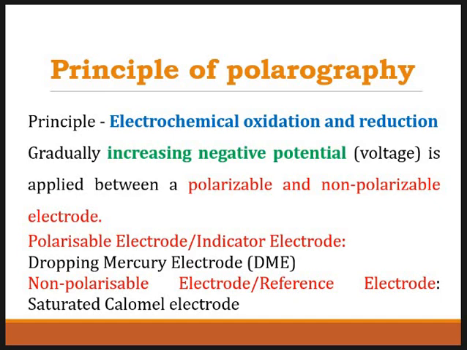The two electrodes are a polarizable electrode and a non-polarizable electrode. The polarizable electrode is otherwise called the indicator electrode, and the non-polarizable electrode is otherwise called the reference electrode. In this method, the dropping mercury electrode is used as the polarizable electrode and the saturated calomel electrode is used as the non-polarizable or reference electrode.